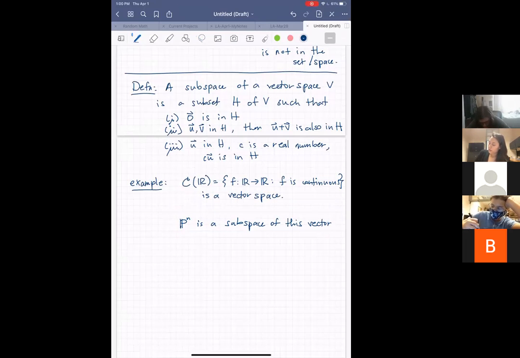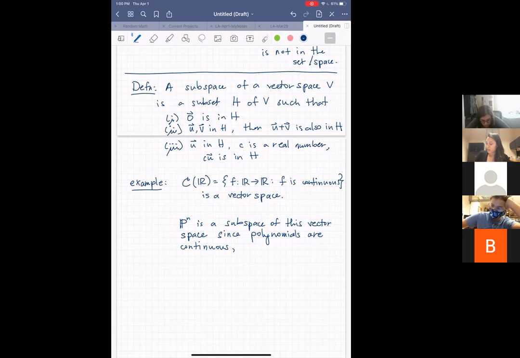And the polynomials of degree less than or equal to n are a subspace of this vector space, right? Since, well, first of all, it's a subset because polynomials are continuous. So that's the first thing.